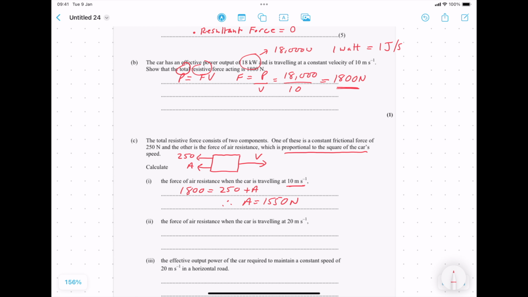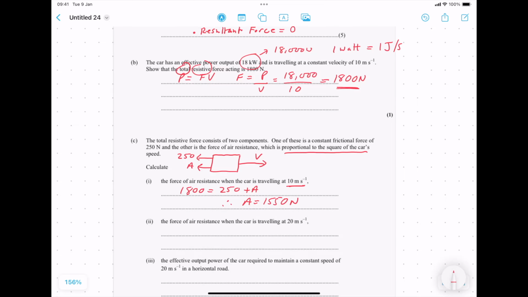Okay, the force of air resistance when the car is travelling at 20 meters per second. Now, what I need to do here is bring in a bit of grade 10 GCSE maths involving proportionality. If something is directly proportional, that means when one quantity doubles, the other doubles as well. Or when one quantity triples, the other triples as well.